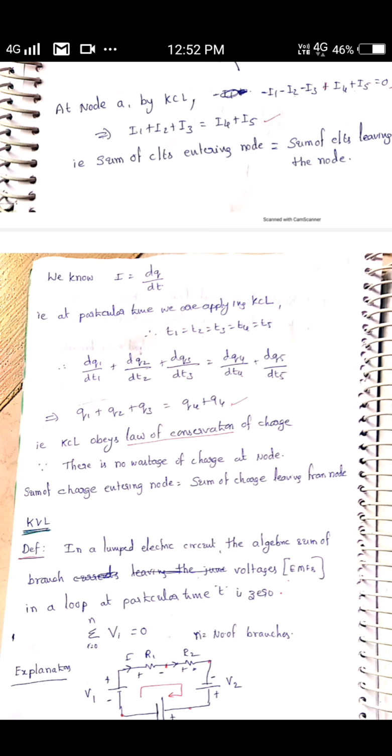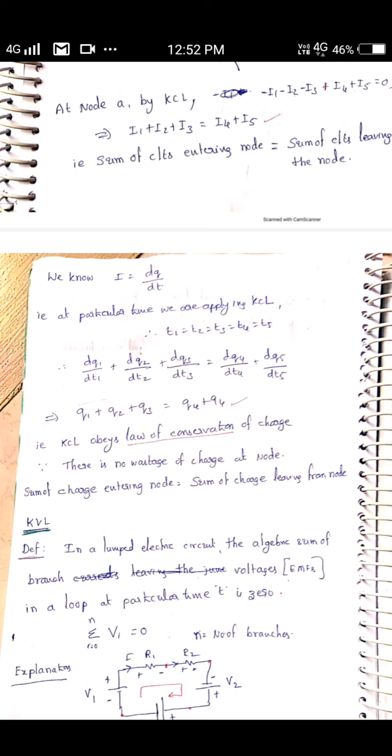Now if we come to the definition of KVL, you can say in a lumped electric circuit, the algebraic sum of branch voltages in a loop at any one particular time t is 0. In a lumped electric circuit, the algebraic sum of branch voltages in a loop at any one particular time t seconds is 0.